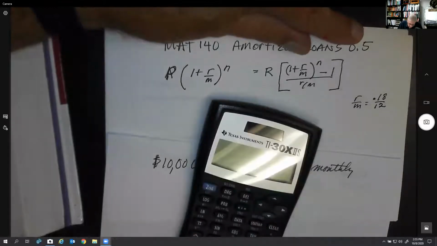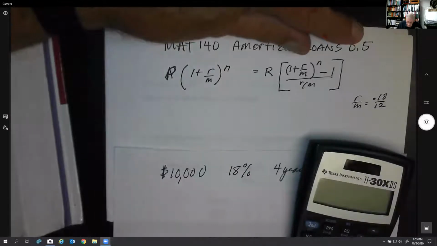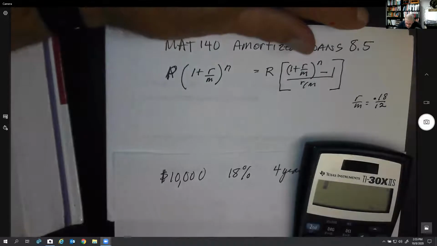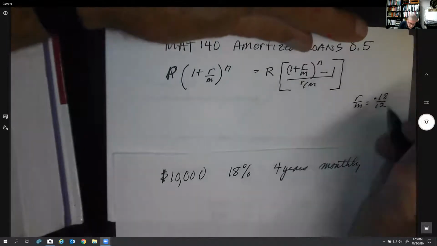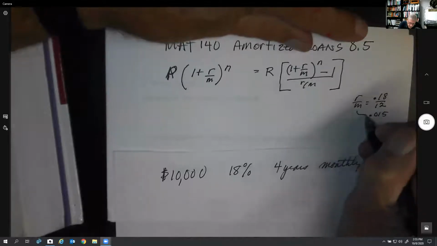So 0.18 divided by 12 is 0.015. That's what we're going to use for R over M.